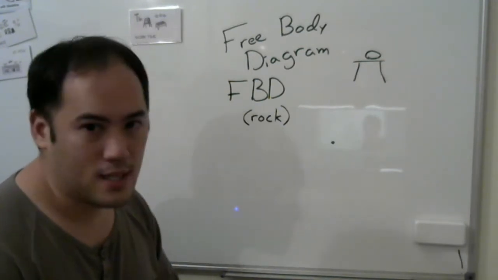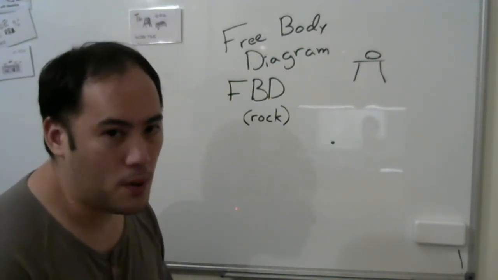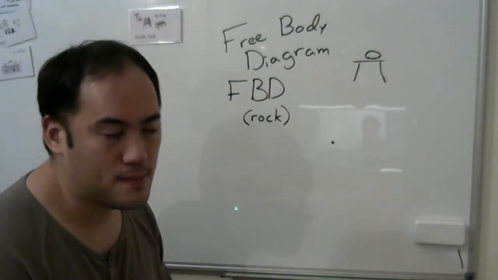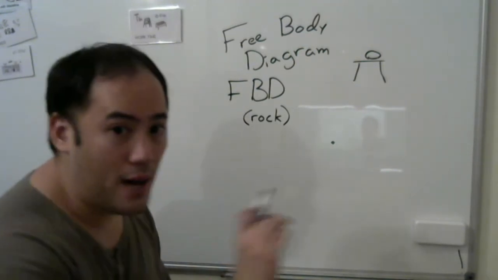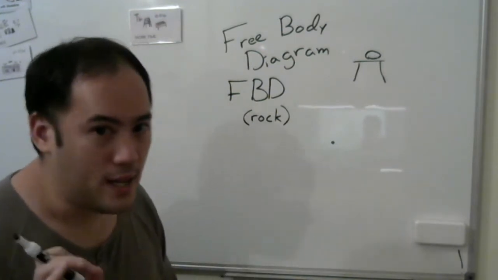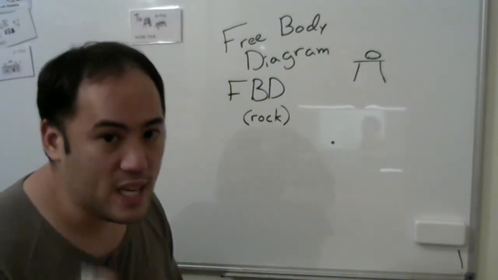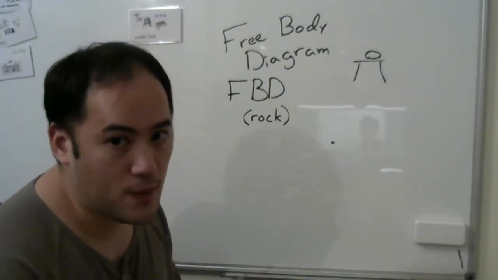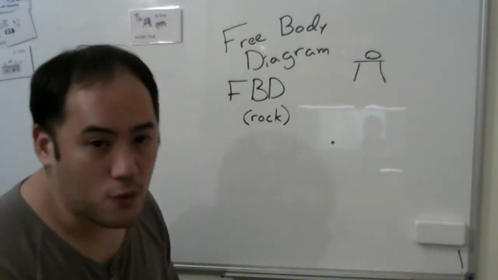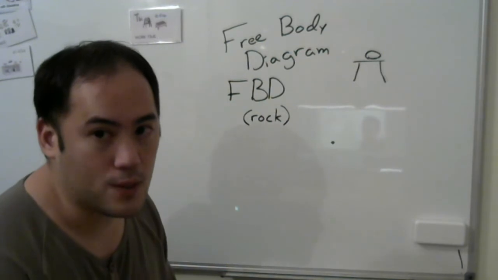A force is anything pushing or pulling on the object. And for every force on the rock, important, not from the rock, only on the rock, only things that are pushing on the rock or pulling on the rock, you draw a force vector representing that force.